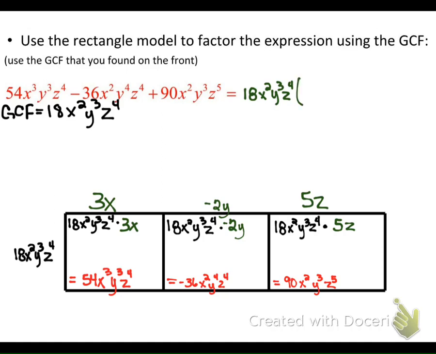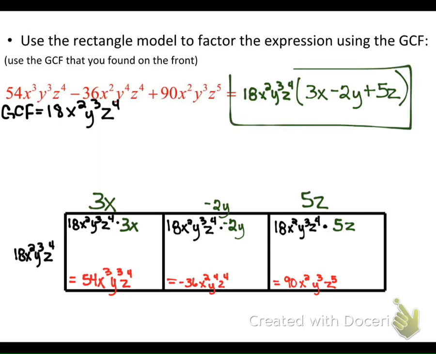Parentheses. 3x, negative 2y, plus 5z. Nice. Almost there. That's it. That's what our lesson was yesterday, using the greatest common factor to factor the area model.